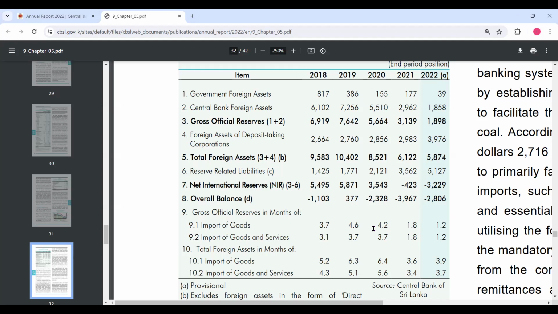Then it becomes net, so that's why we use the word net there. Net reserves or net assets is assets minus liabilities. 3 minus 6, then we get 7, which is net international reserves, NIR. We are looking for the change in that. I'll get to that in a bit.